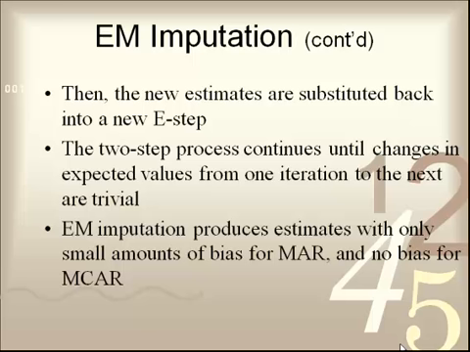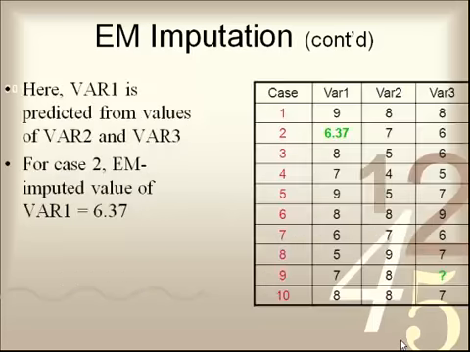So the EM imputation produces estimates with only small amounts of bias, and it typically is only done with a statistical software program. So I am not going to ask you to do this on a quiz. I just want you to be aware of it.